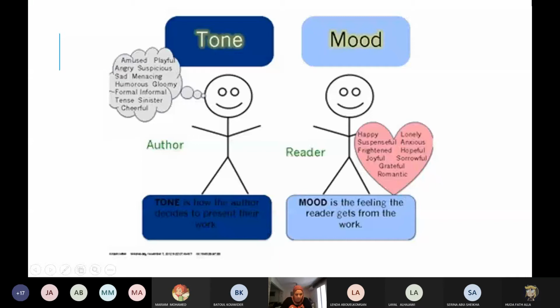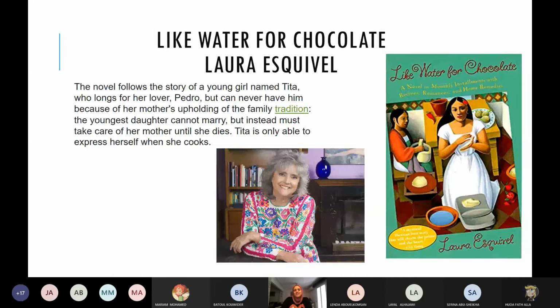The making connection here is Like Water for Chocolate, and Like Water for Chocolate is a very nice novel. That's why I chose this excerpt. I didn't read the excerpt itself. I chose it because of Like Water for Chocolate, which is written by Laura Esquivel, okay? She is a Mexican author.